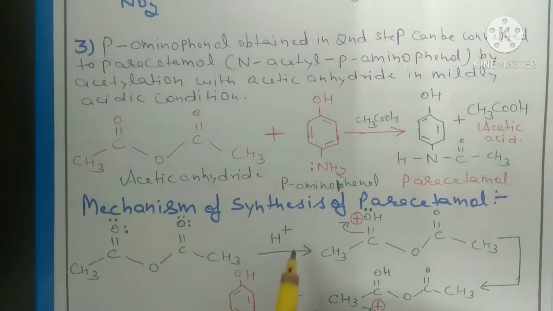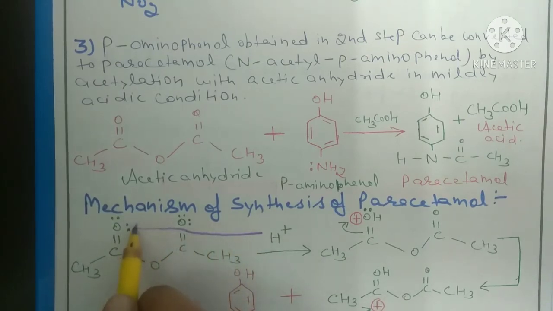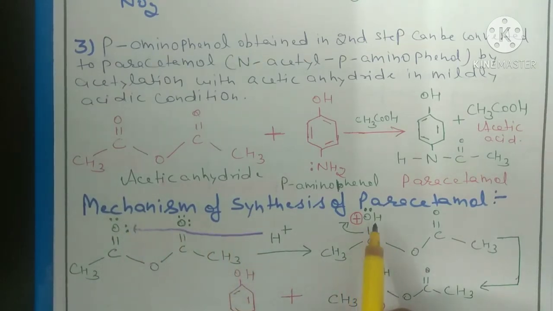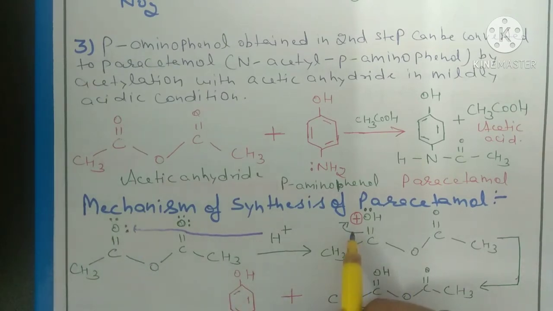So this proton will attack this oxygen, and here it will attach like this. Now as these two electrons form a bond with hydrogen, this oxygen will get a positive charge. Now this carbon will donate its electron to this oxygen so that it gets stable.